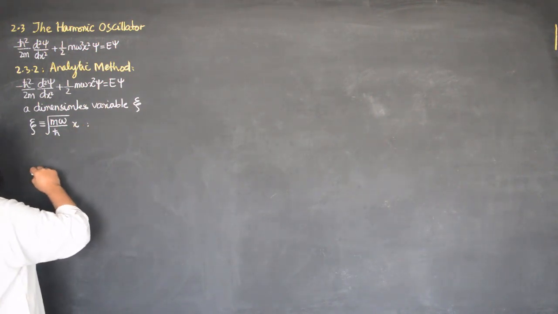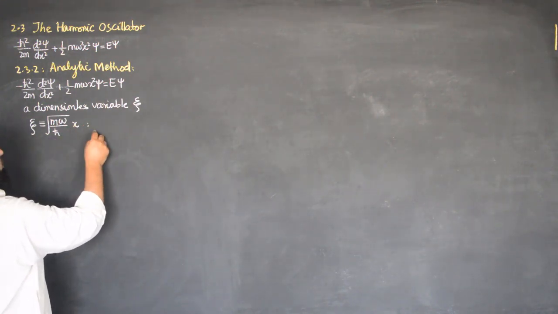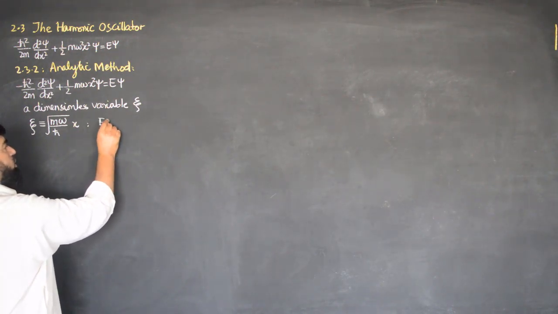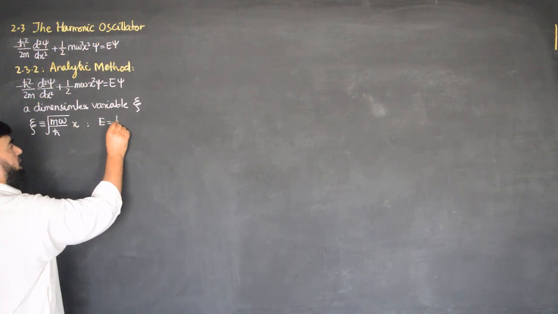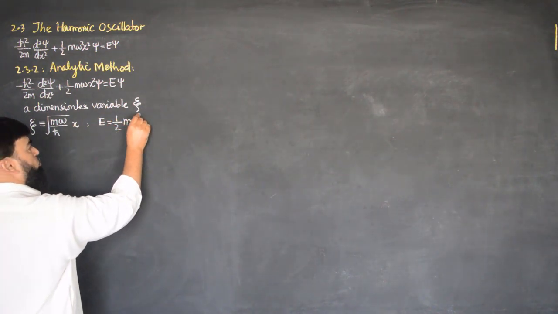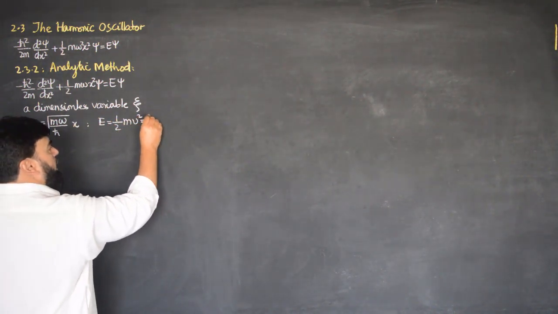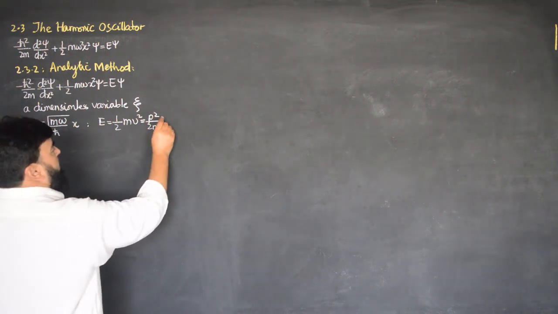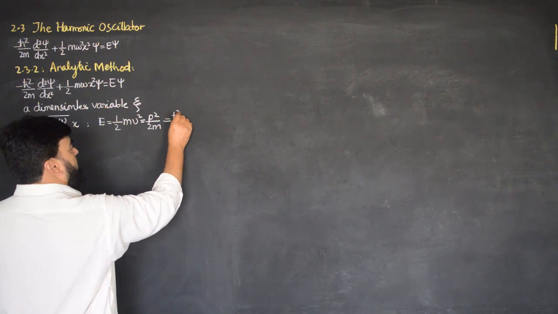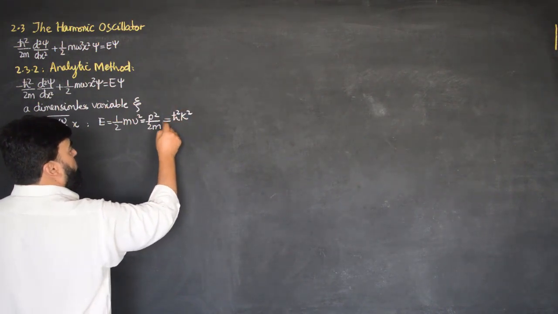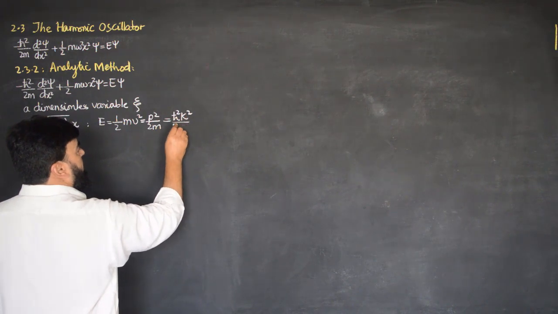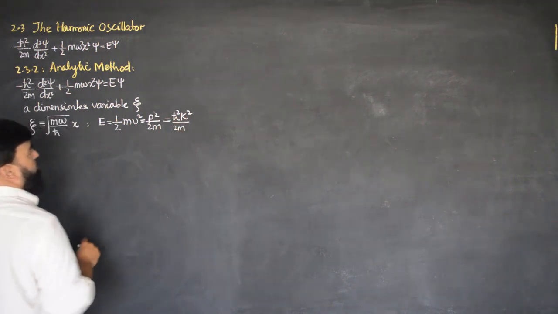So let's check this. We know that E is equal to half mv squared, which is also p squared over 2m. And p I can write as h bar k, so it is h bar squared k squared over 2m.